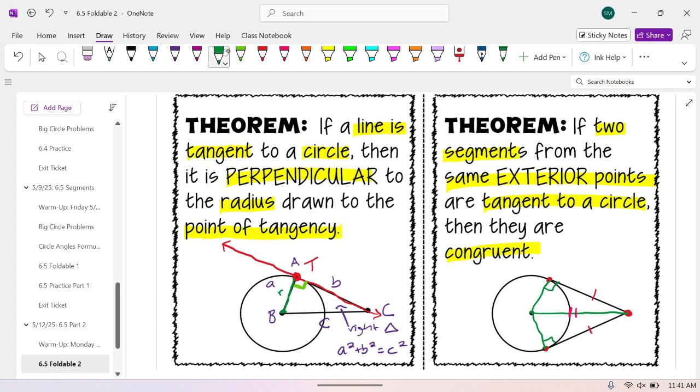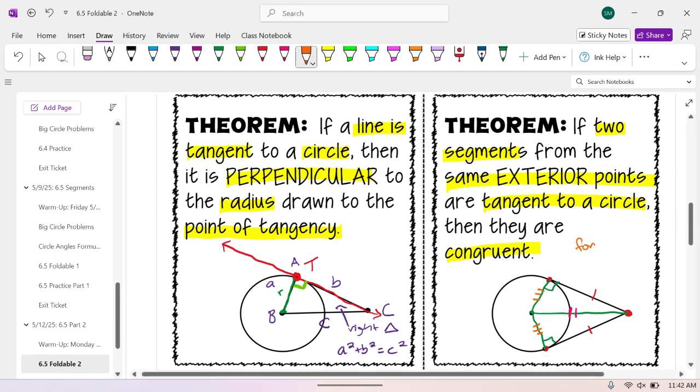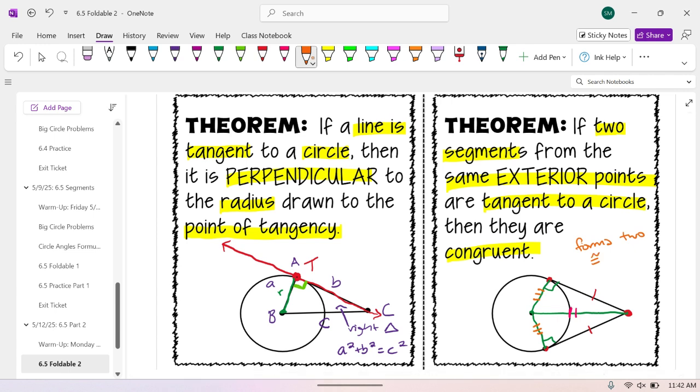So that means both of those triangles would be congruent to each other. So to make a note, it forms two congruent triangles. And not only are they congruent, they're also right triangles.